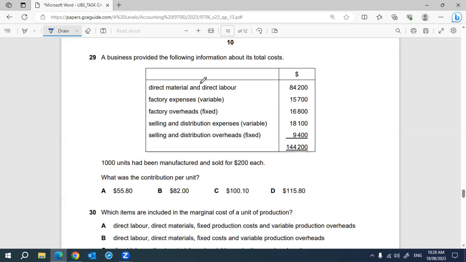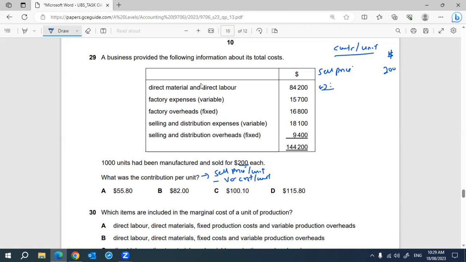As we know, contribution per unit would be selling price per unit minus all variable costs per unit. So let's work the calculation here. The contribution per unit would be the selling price, which is given as 200, minus, now we're going to deduct all variable costs, regardless of whether they are production or non-production costs.